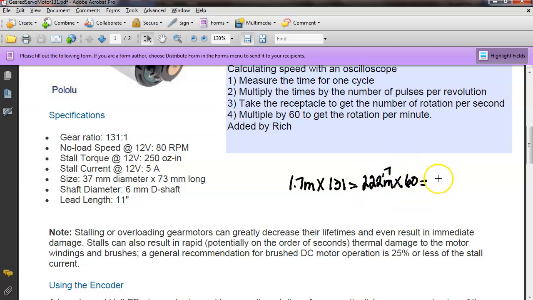What do we come up with here? 13 point what? Any fraction? Thir... yeah, but what's the unit?